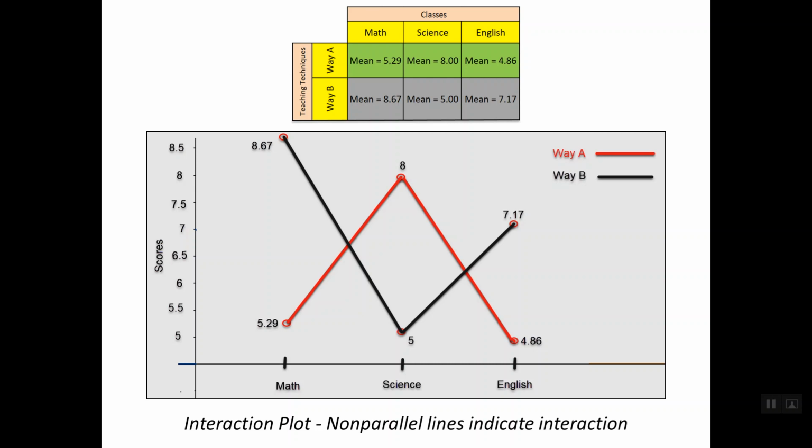The red line represents way A, and the black one represents the second way, or way B. In the above table, I have calculated the mean for each of the 6 groups.